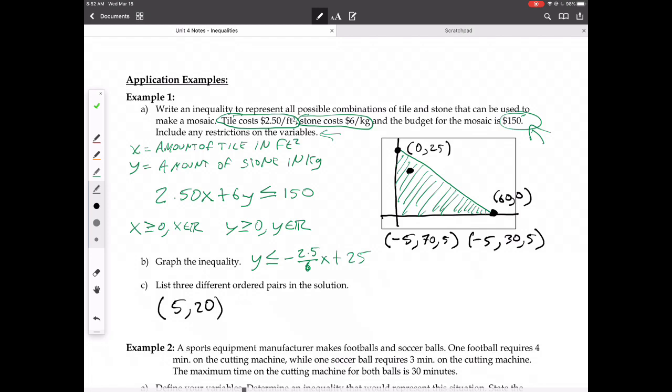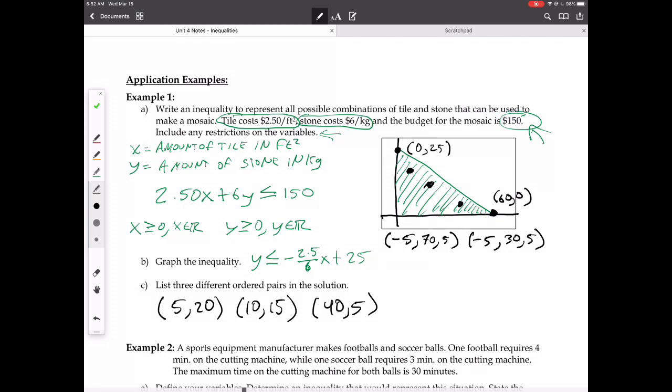The next one, what if I went up to 10 and 15? It's going to come in somewhere around here. And if I'm going way more tile and a little less stone, then what if I had 40 and 5? That's going to come in around here. All of these should work because they're all within my solution region.